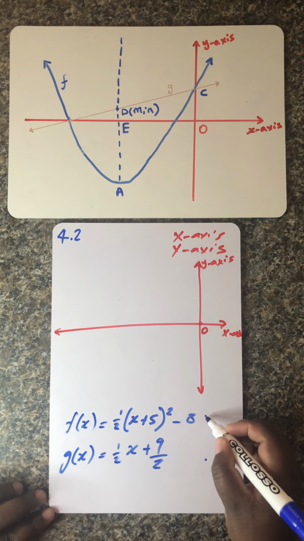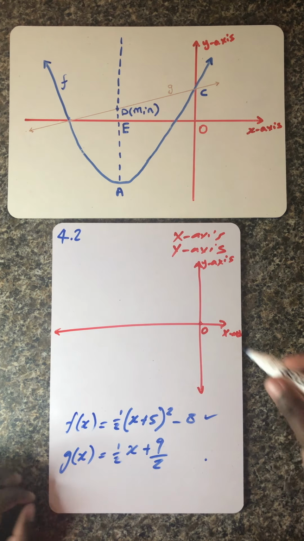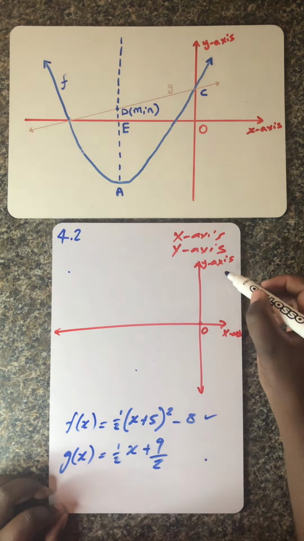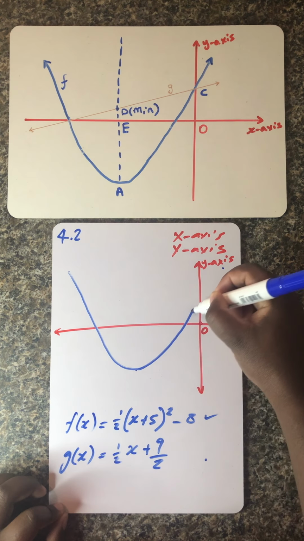Now let's start to draw the first graph, which is the graph of f. Obviously you know the graph of f is a parabola. This is how it goes, even though it's drawn already, guys.